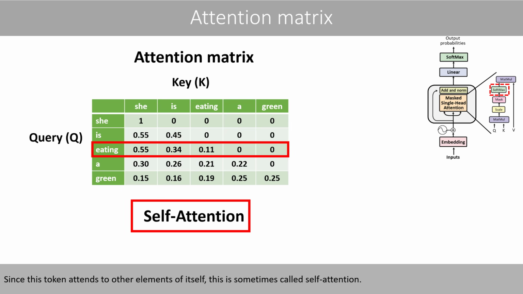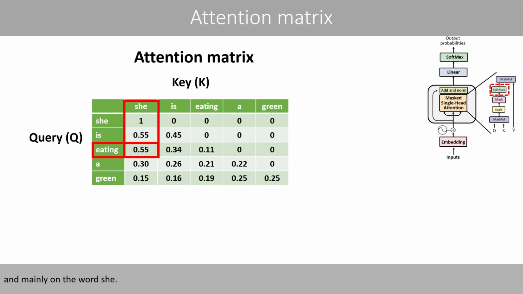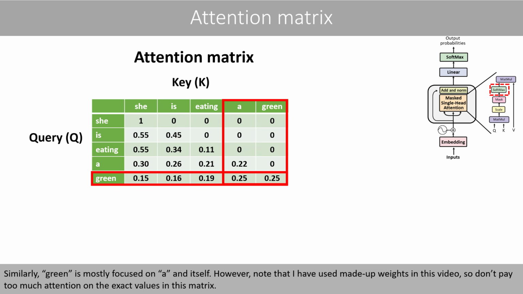Since this token attends to other elements of itself, this is sometimes called self-attention. For example, the token eating is focused on itself, and mainly on the word she. Similarly, green is mostly focused on and itself. However, note that I have used made-up weights in this video, so don't pay too much attention to the exact values in this matrix.